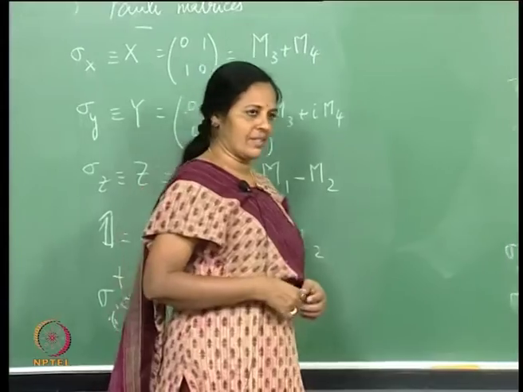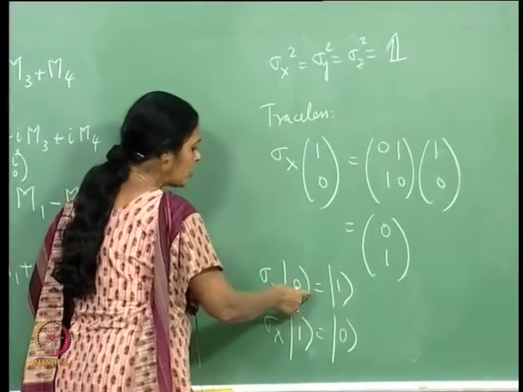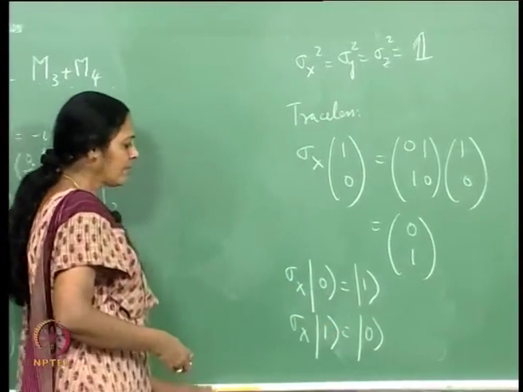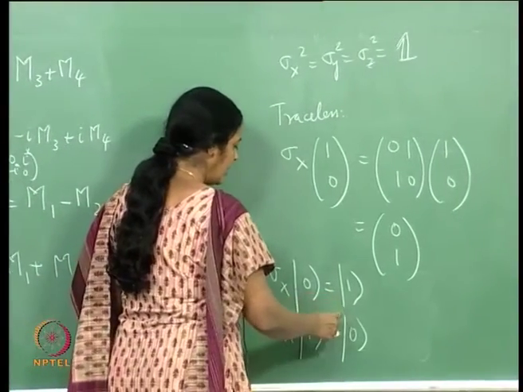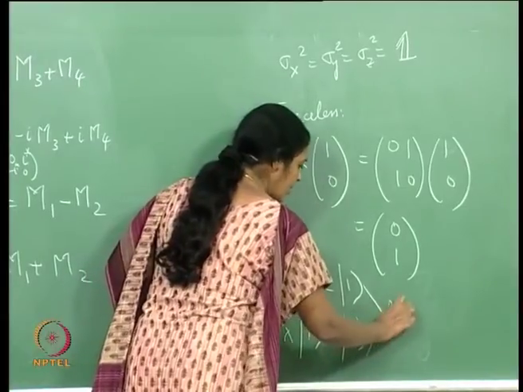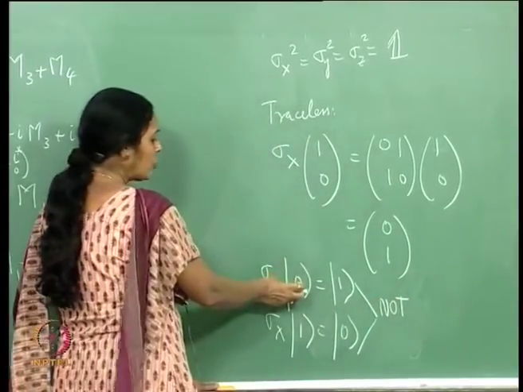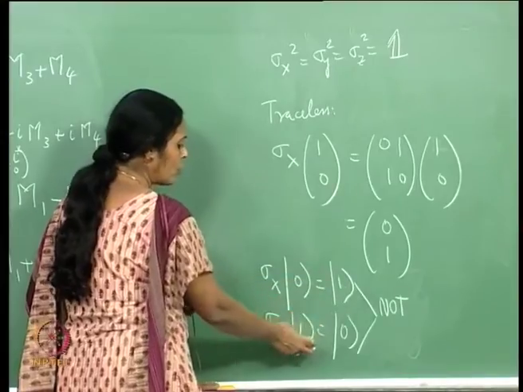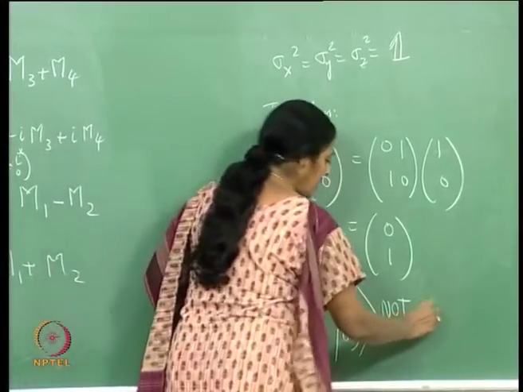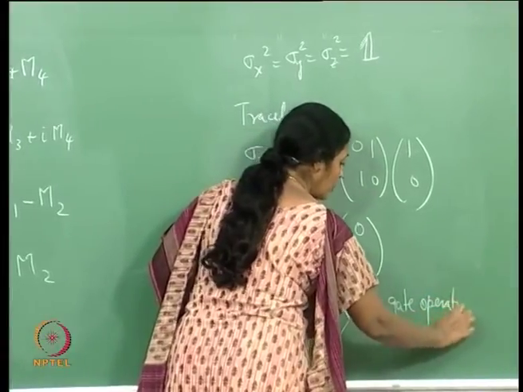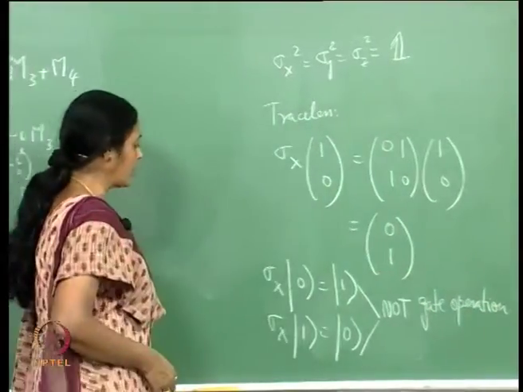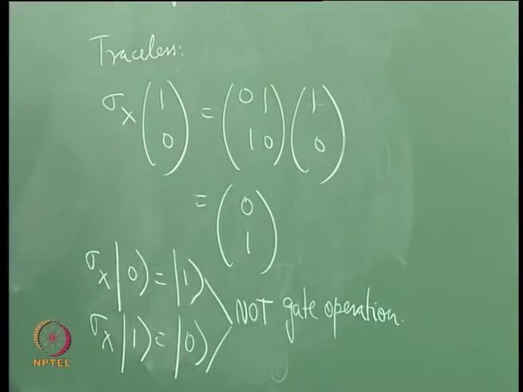But suppose I did that at a later date, you could think of ket 0 and ket 1 as a quantum bit instead of 0 and 1, and then what happens is that the qubit 0 goes to qubit 1 and the qubit 1 goes to qubit 0. This is essentially the NOT gate operation that you know from a classical context. In that sense, sigma x becomes very important in quantum computing.